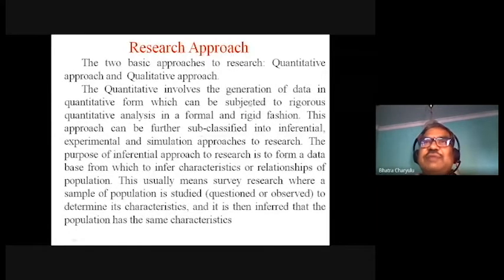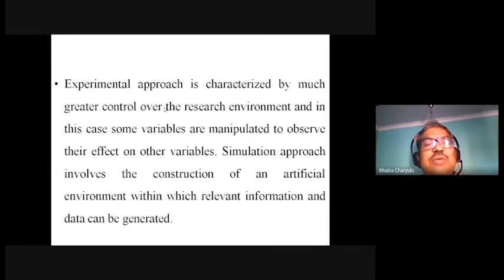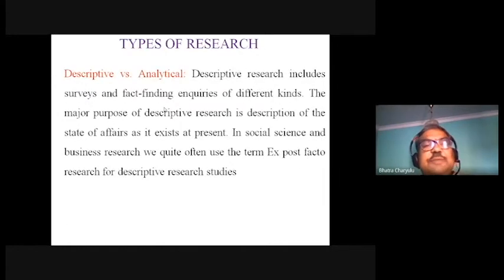So whatever information we are gathering, we try to quantify it. Once it is measured in terms of numbers or figures, we go for specific statistical or mathematical techniques, interpret those, and take decisions on that. So that is entirely the part of quantitative research. Whereas in qualitative research, the entire approach will be different.